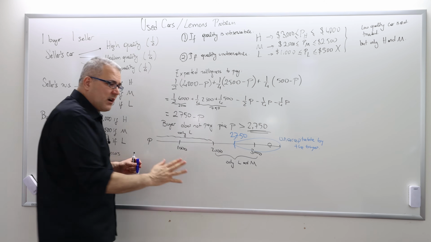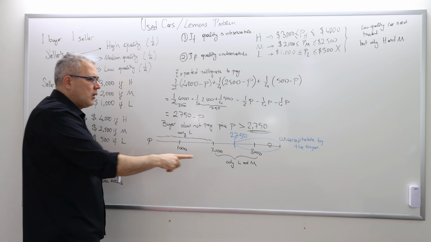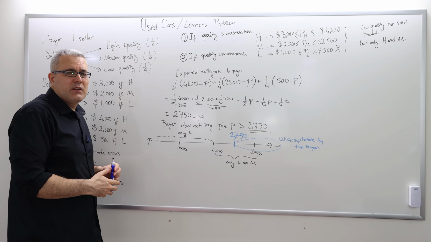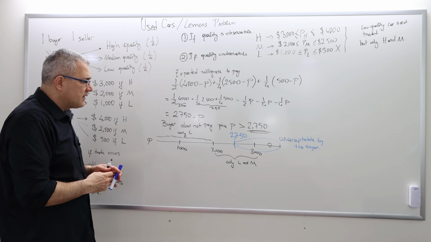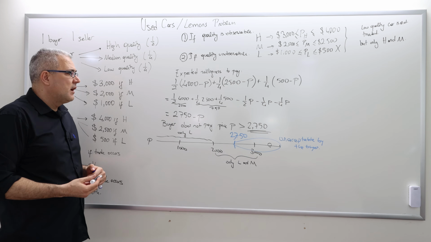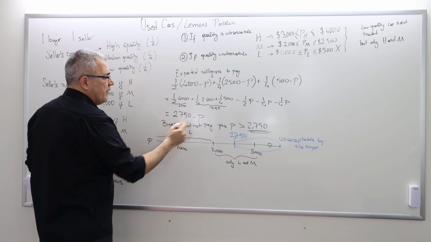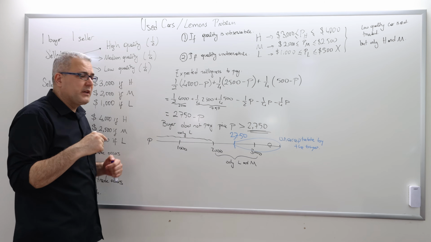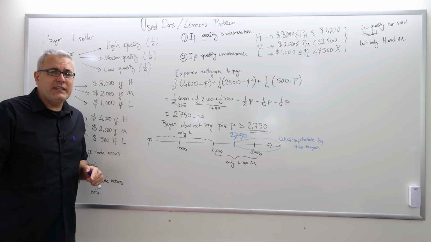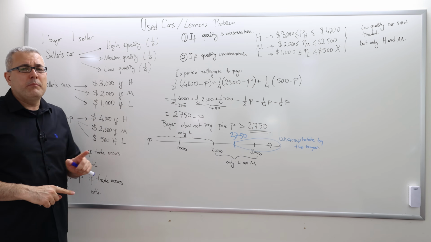So whatever car is there to be sold, it must be either the low or medium quality at a price lower than $2,750. Well, in that case, what is the expected utility of the buyer? His expected utility is not 2,750 minus P. It's going to be lower than this, because now he is sure that the car is not a high type car. It's definitely one of the low or medium level.